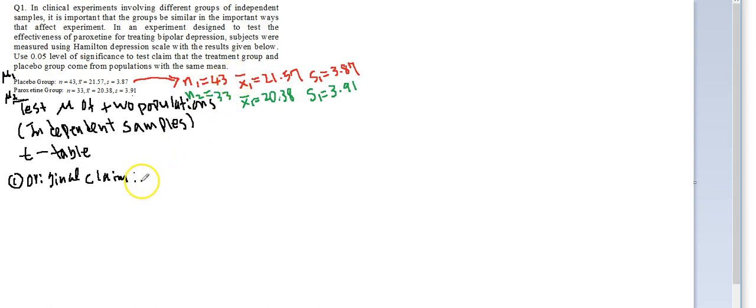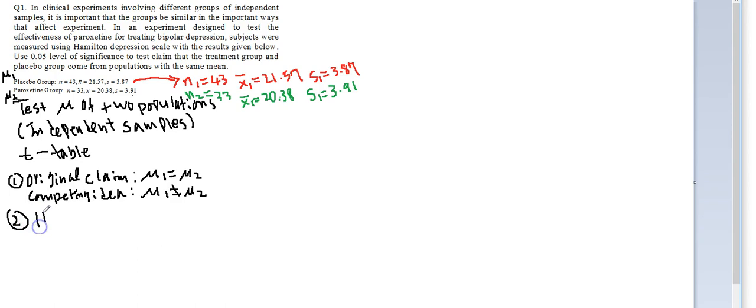So we are saying that mu1, those who do not take the medication, and mu2, those who take the medication, the score is the same. Now the competing idea, remember this is the complement of the original claim, so that means mu1 is not equal to mu2.